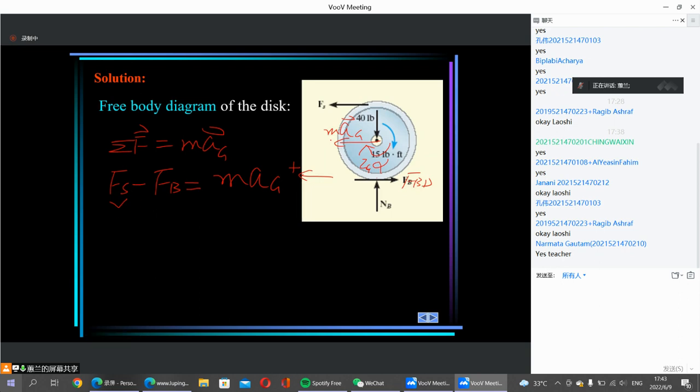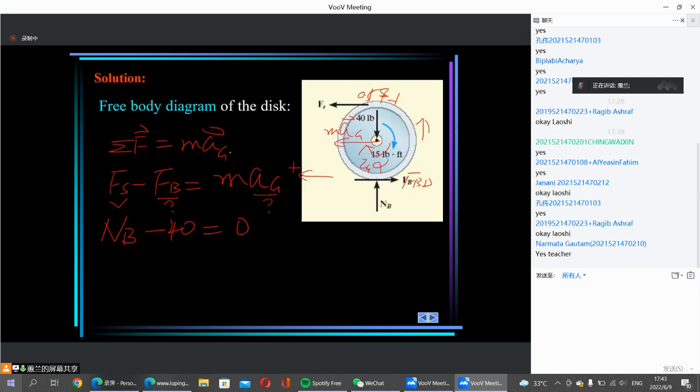We mean when it moves to the left, when the mass center moves 0.5 feet, in the final state the spring force Fs is given, and Fb, the friction force, we don't know, AG we don't know. In the y axis we will have N minus the weight equal to 0, right?